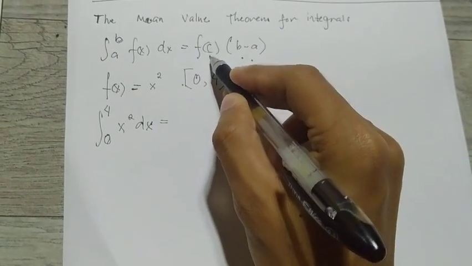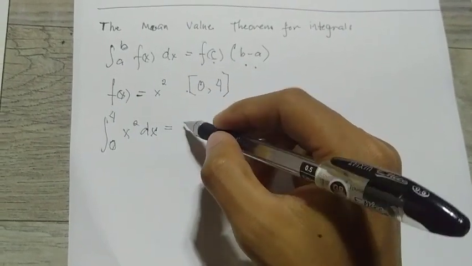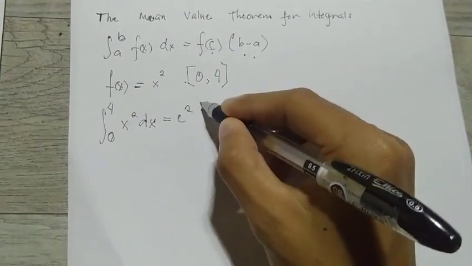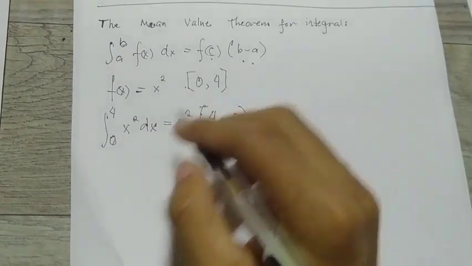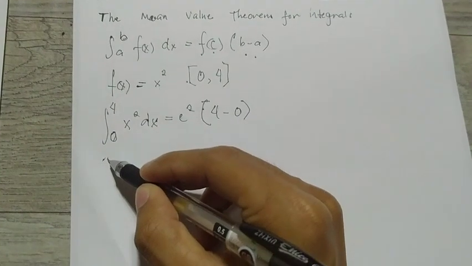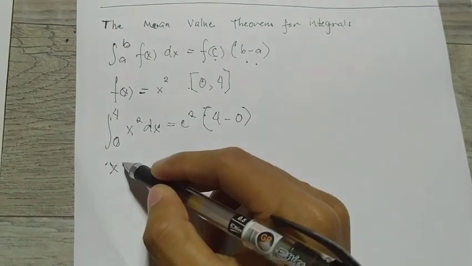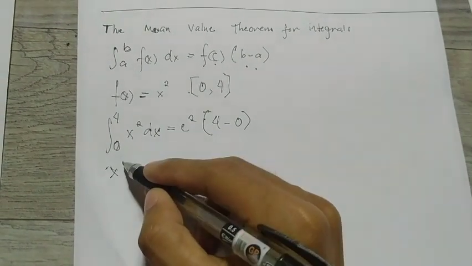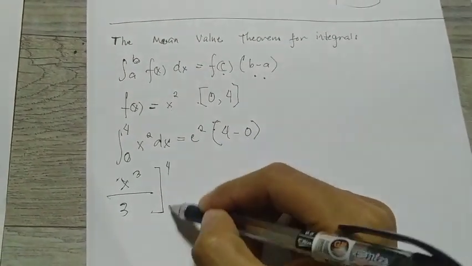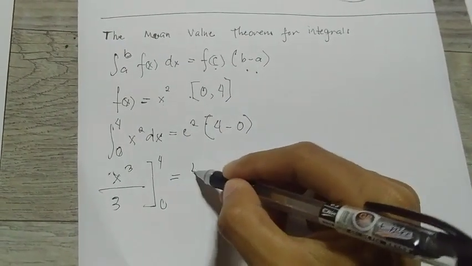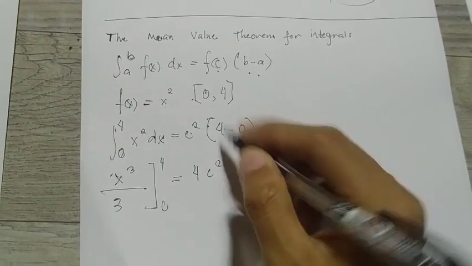So we have f(c), which is c squared, times b minus a, which is 4 minus 0. By the power rule, 2 plus 1 is 3, so the integral of x squared is x cubed over 3. So 4 minus 0 is 4, times c squared.